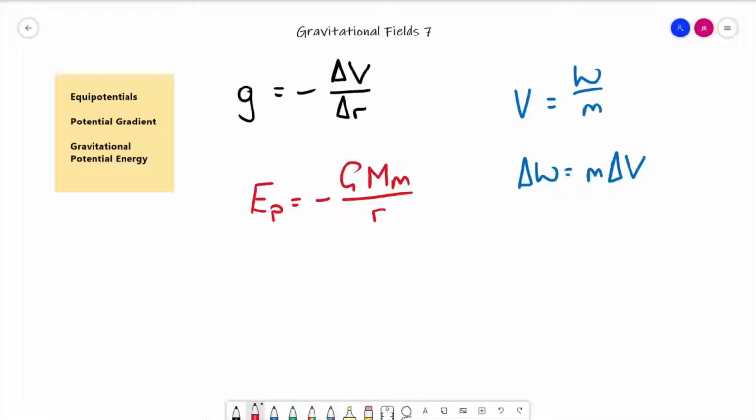Now, as far as the gravitational fields topic goes, we've done all of the major ideas that we need to cover. We're going to take this video and the next video to work through a couple of little bits and bobs that go along with the topic, just to round everything off, to dot the i's and cross the t's, and make sure we've studied everything we need to worry about with gravitational fields.